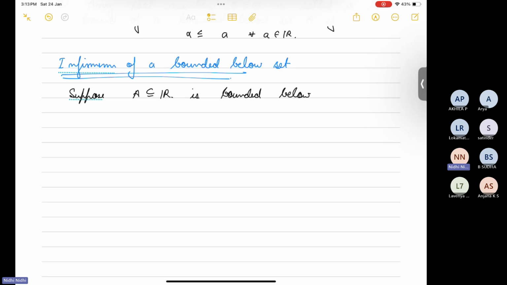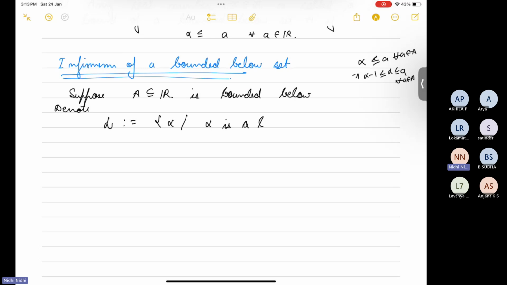Obviously, if alpha is a lower bound, so alpha is less than or equal to a for every a in A, then clearly alpha minus 1 will also be less than or equal to a for every a in A. That means if we can find one lower bound, we can find a lot of other lower bounds as well. We collect those lower bounds and denote the set by L, the collection of all lower bounds.